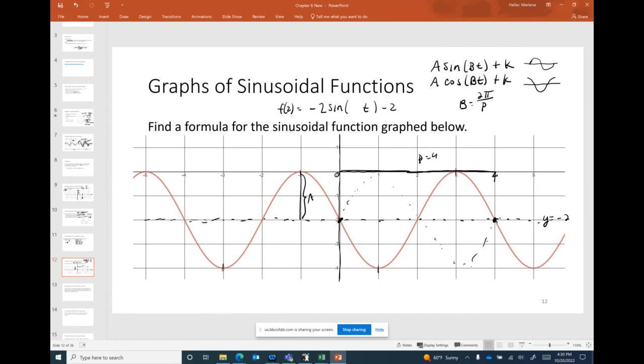That's the distance that it takes to repeat itself. So b is going to be 2 pi over 4, or pi over 2 when it reduces down. So pi over 2 goes in the slot for b in the pattern. And there's the equation for this sinusoidal function that's graphed here.